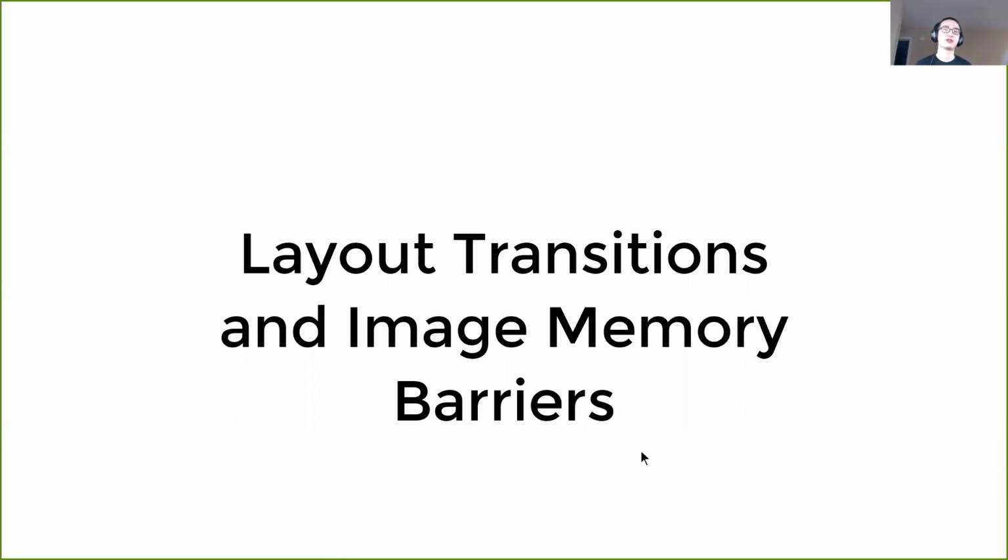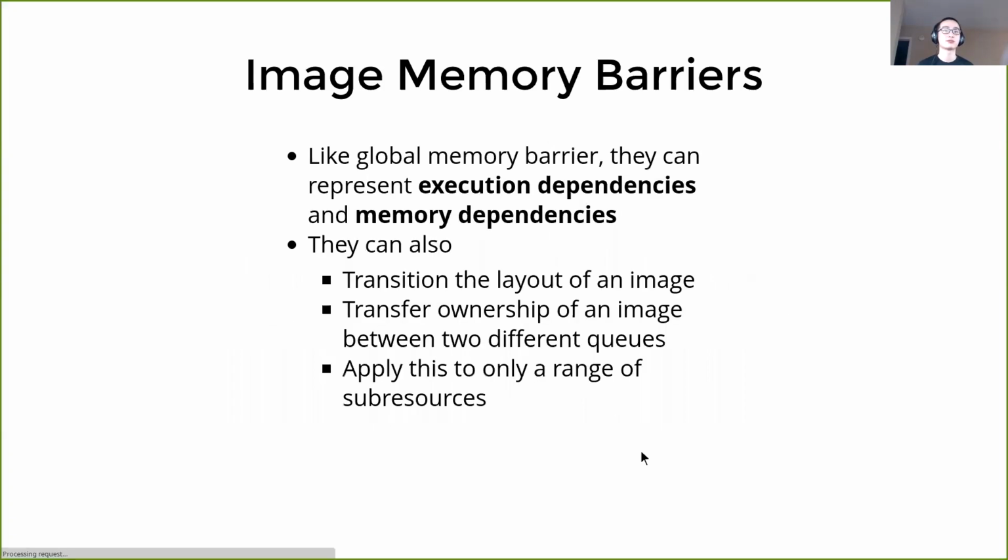Then there is the annoying part, which is the layout transition. For the layout transition, we need image memory barriers, as I said before. Image memory barriers are a lot like the global memory barriers before, in that they can represent execution dependencies and memory dependencies.